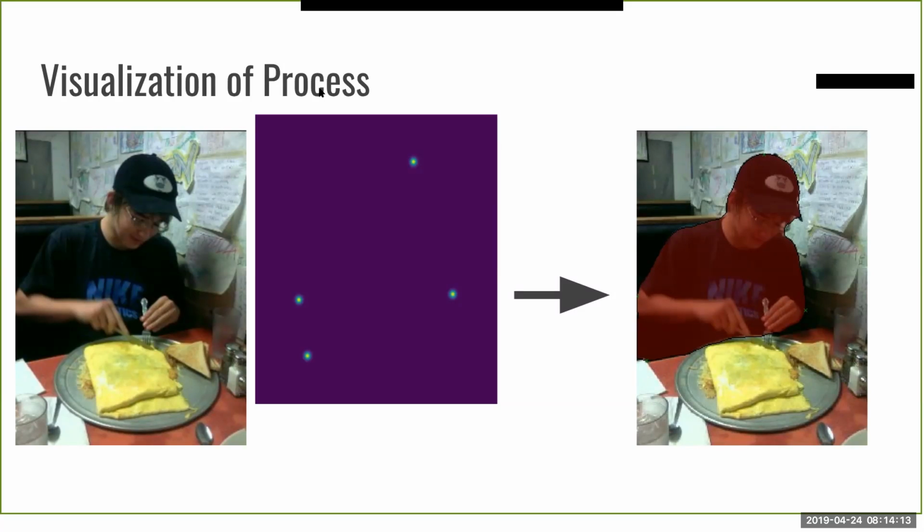And then there's one down below near the napkin. So you select those 4 points, and then it creates this Gaussian blurred mask, which is that second image with those 4 points. And then the network will create a segmentation mask of what it thinks is most likely the object, in this case, the person.